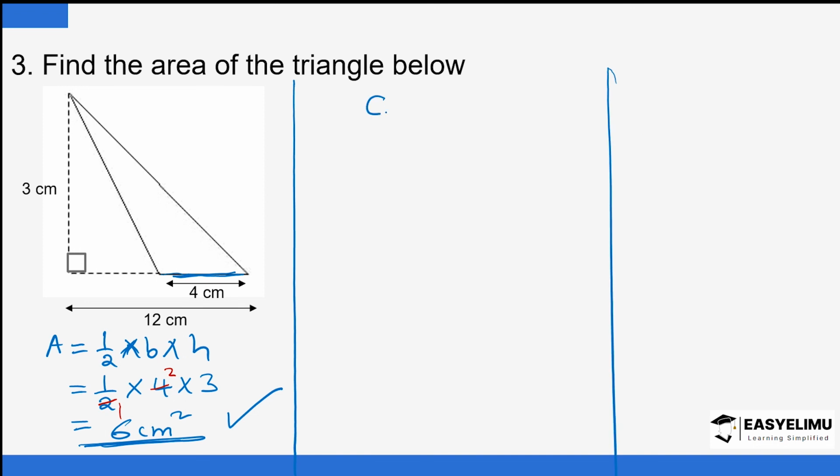So case 2, you can find, if this is A and this is B and that is C, and maybe this is M, you can find the area of triangle ABC minus the area of triangle ACM.